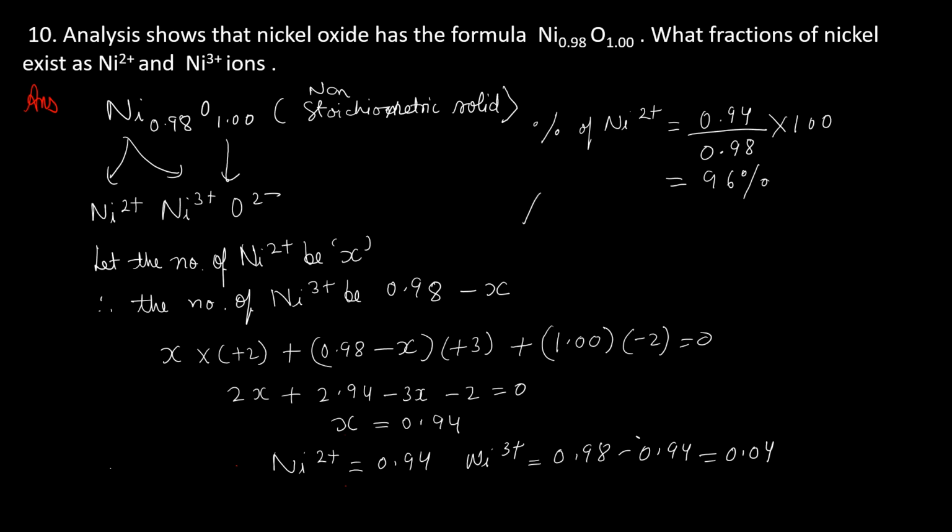Now the percentage of nickel 3 plus ion will be 0.04 upon 0.98 total into 100, and this comes out to be approximately equal to 4%. So in this non-stoichiometric solid, the nickel 2 plus ions are 96%, while 4% will be nickel 3 plus ions.